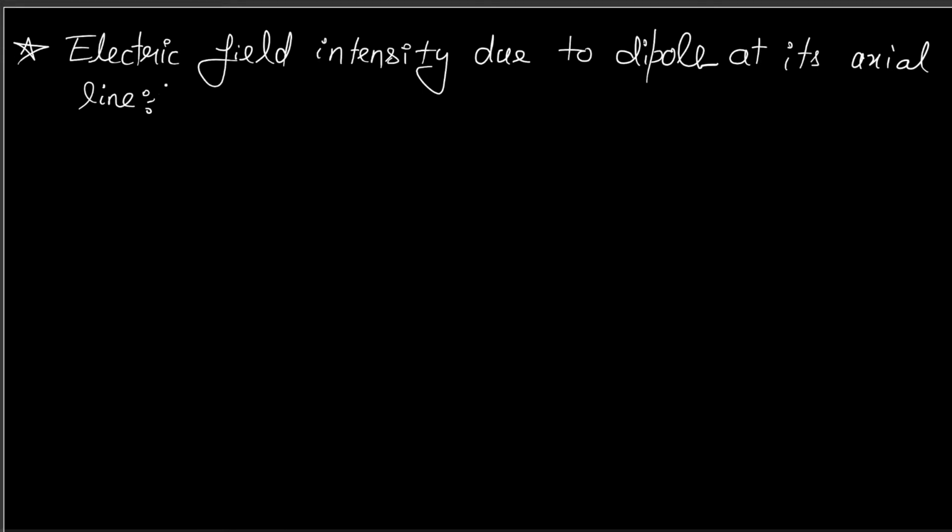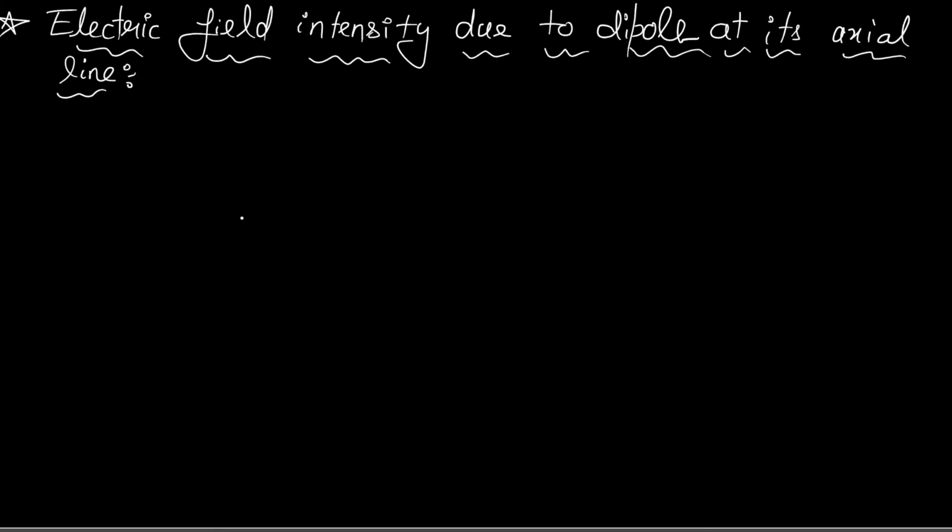The next topic is electric field intensity due to the dipole at its axial line. For this, let's suppose I have the dipole, positive and negative. Here is the negative charge, and this is the positive charge.